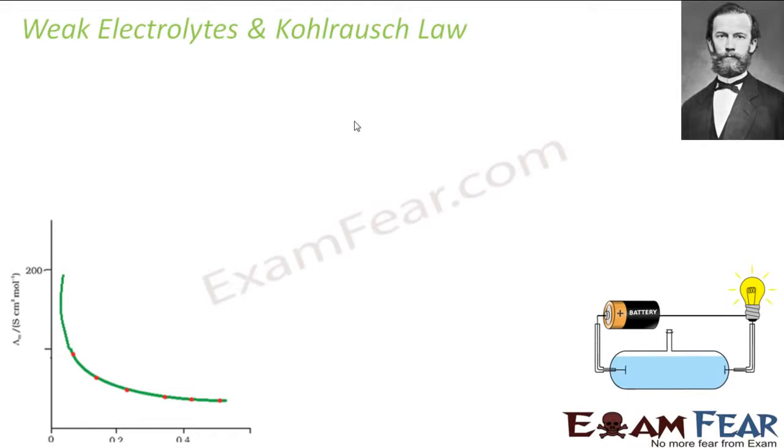And it's a very uncertain value. So the molar conductivity at infinite dilution, let's suppose the concentration is almost zero. So in that case, the dissociation is almost 1. That is, let's suppose I take a weak electrolyte.